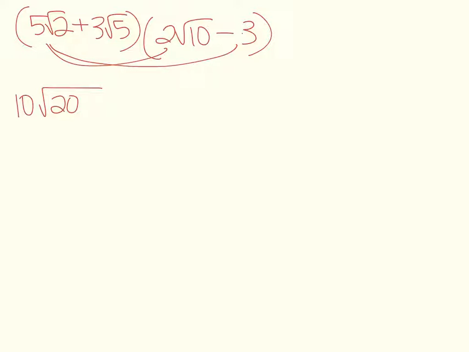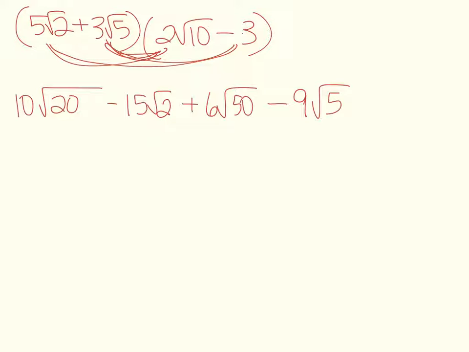Outer minus 15 square roots of 2. First outer inner plus 6 square roots of 50. And then last minus 9 square roots of 5. See how all that worked?